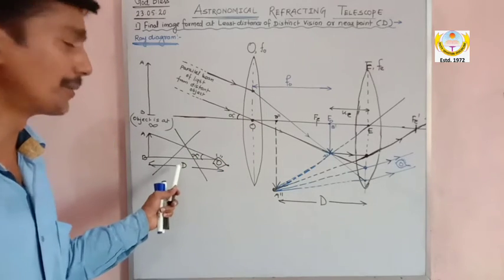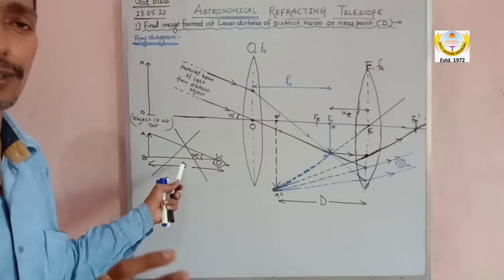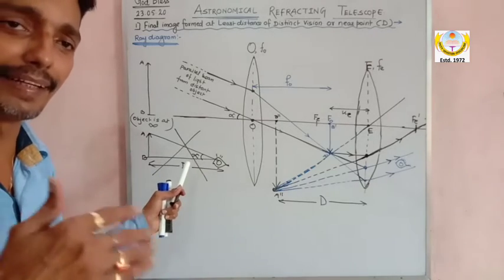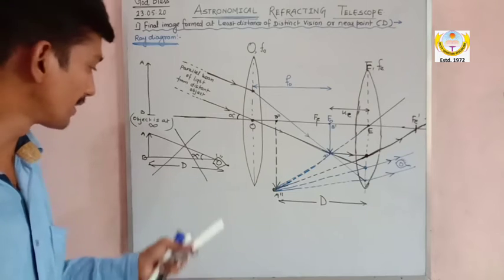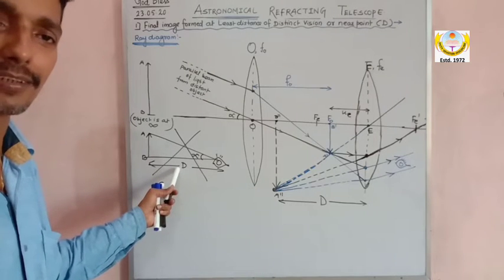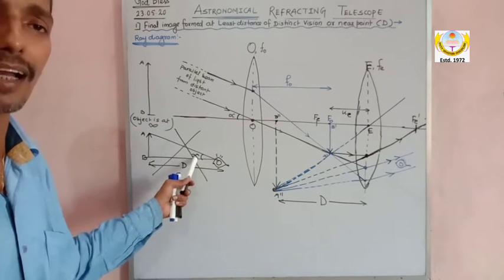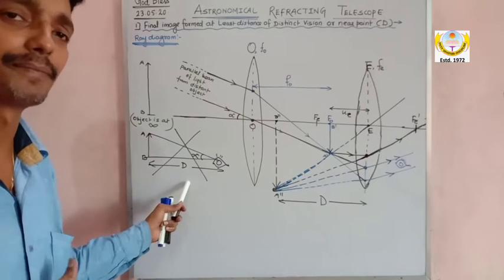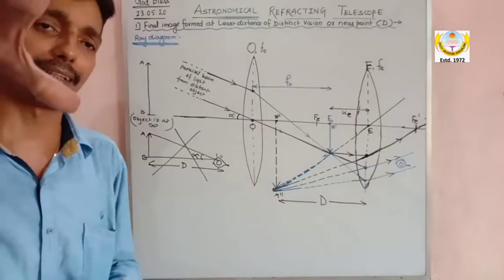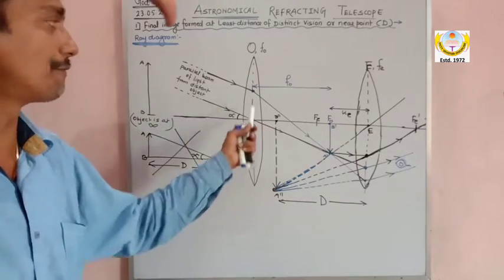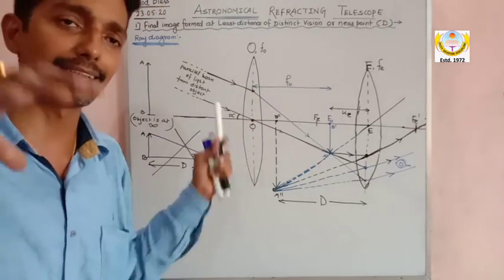Please don't make this kind of mistake. Don't read the microscope concept superficially. Here the object is not at the least distance of distinct vision, so how would you draw the alpha angle for this? The alpha angle is subtended by the distant object, the parallel beam of light falling on the objective lens.